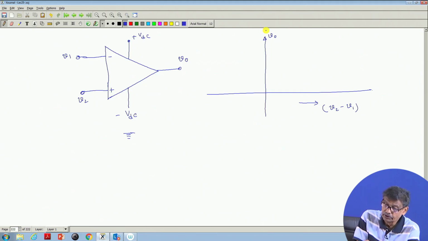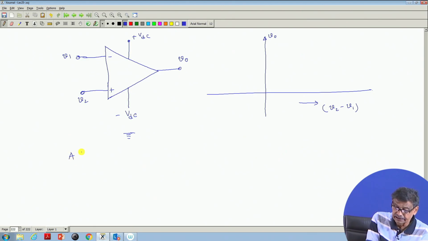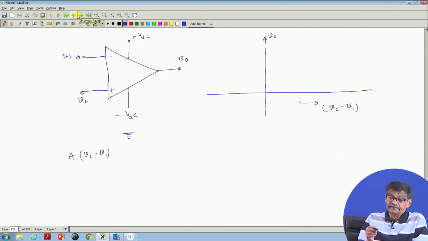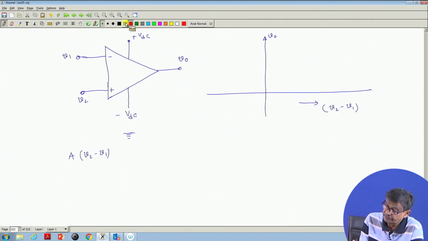Now, as I told you, there is a gain A of this op amp, and the output voltage is A into V2 minus V1. This output characteristic will be very interesting if you sketch it.